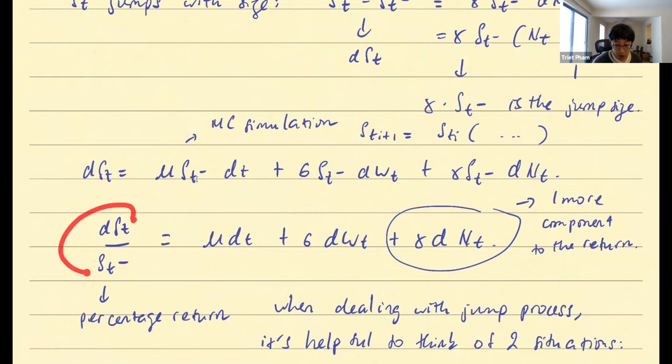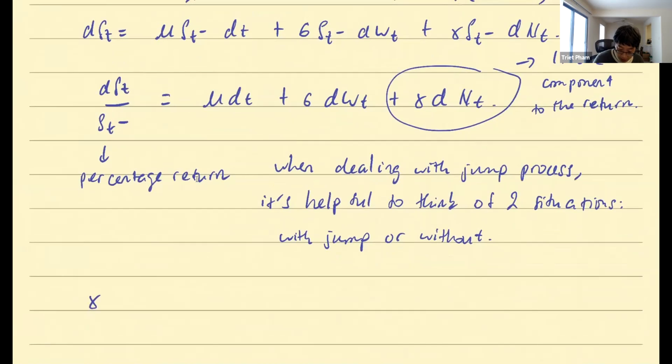Because notice this is a unit in percent. This is where unit matters. So gamma times 100 is percentage return when the shock happens.